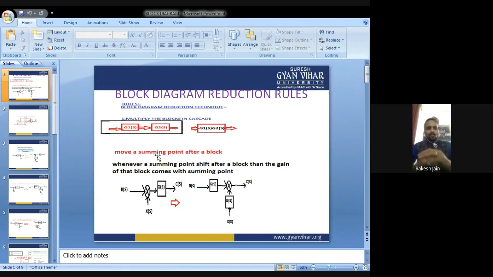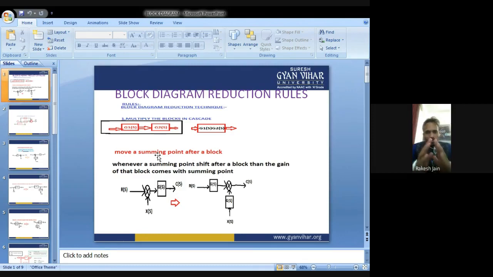The second one is move a summing point after a block. Whenever a summing point shifts after a block, then the gain of that block comes with the summing point. For example, R(s) is the input and C(s) is the output. Here from the summing junction there is a gain X(s) and there is a block gain, forward gain G(s).